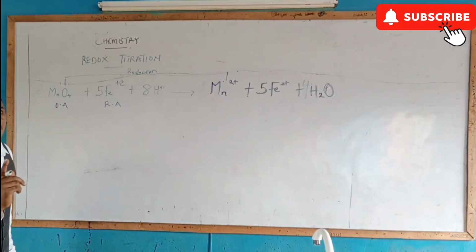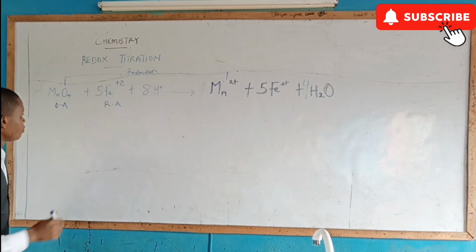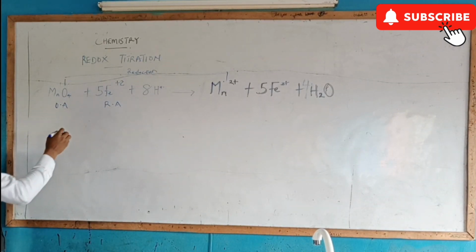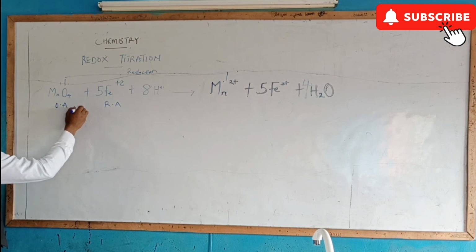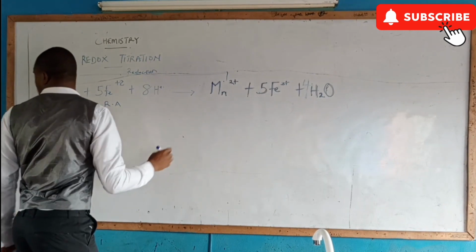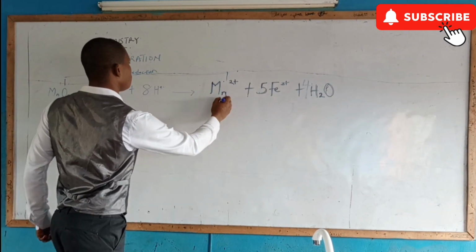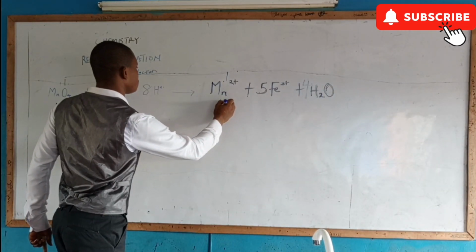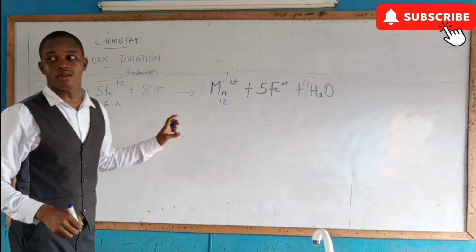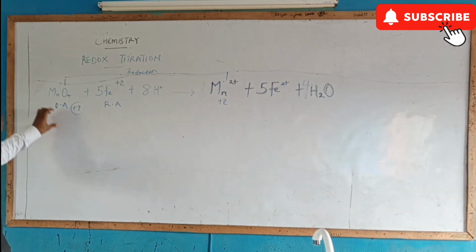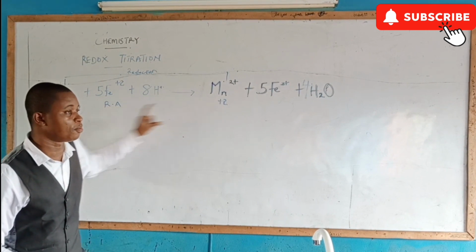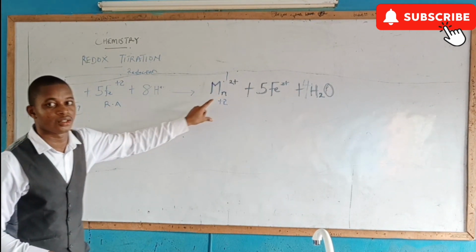In oxidizing agents, in terms of the oxidation number, potassium permanganate has manganese with oxidation number of +7, and the manganese here is +2. So, in other words, we have +7 reducing to +2.